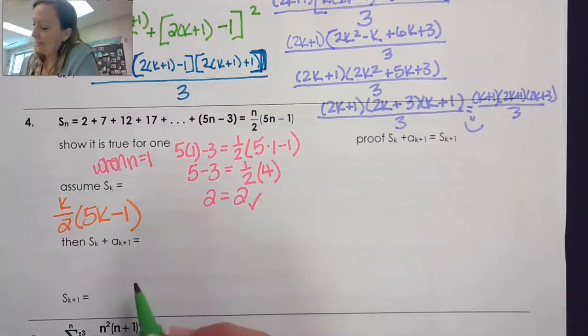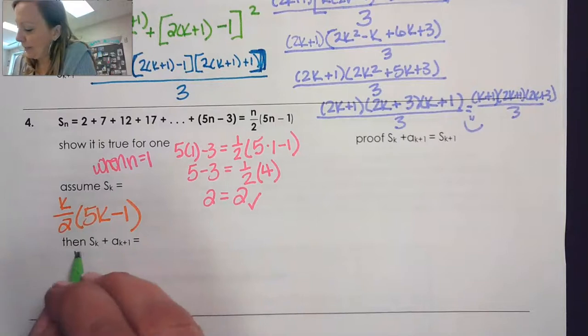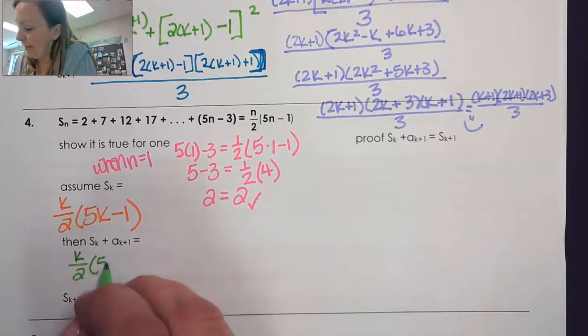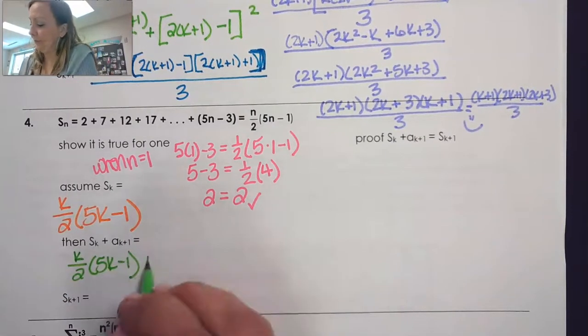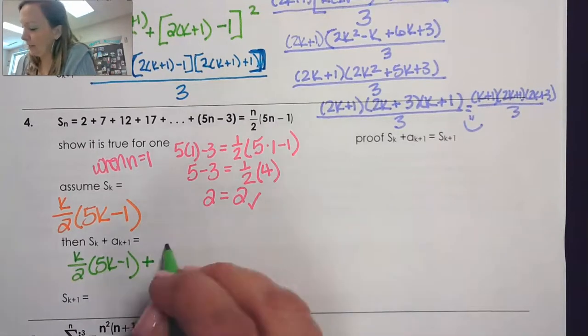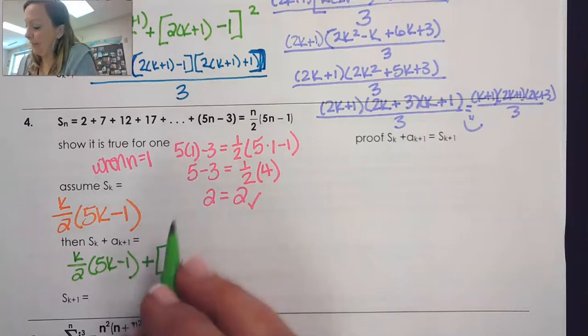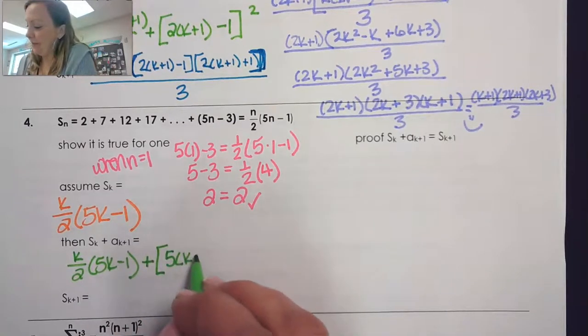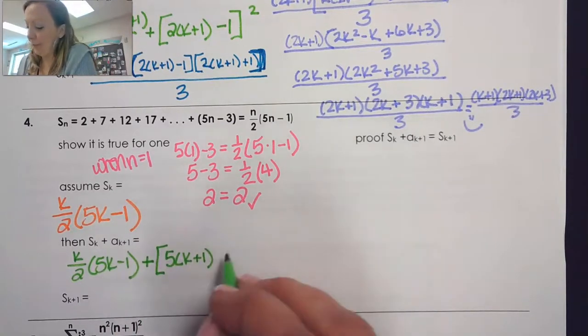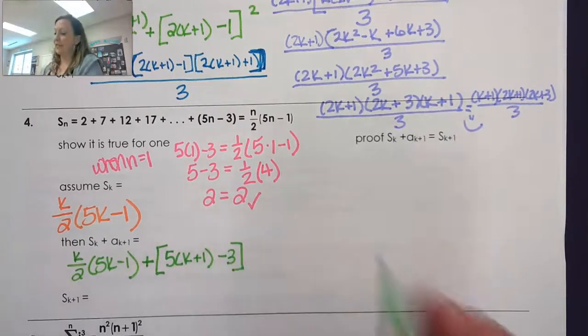And so then that means that S sub k plus A sub k plus 1 is going to be k over 2 times 5k minus 1, plus the k plus first term, which would be given as 5 times the quantity k plus 1 minus 3.